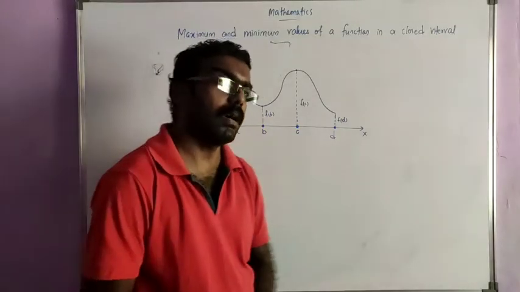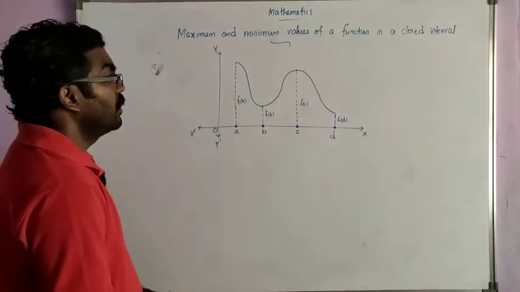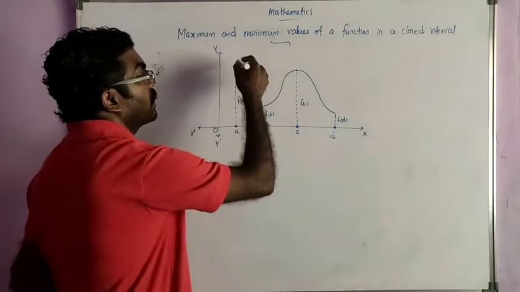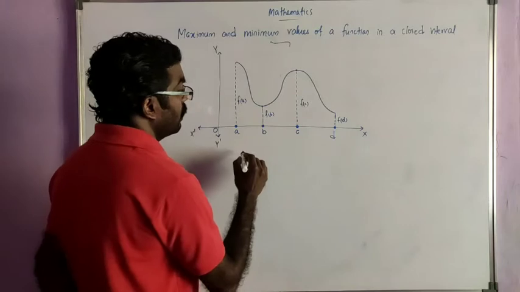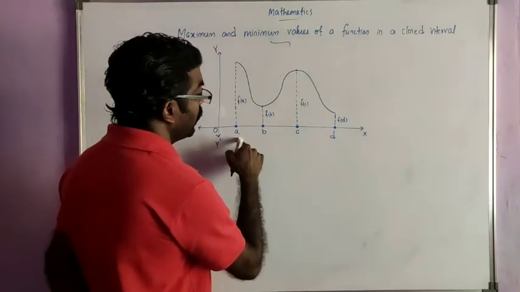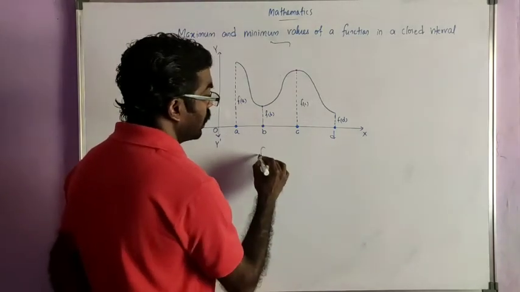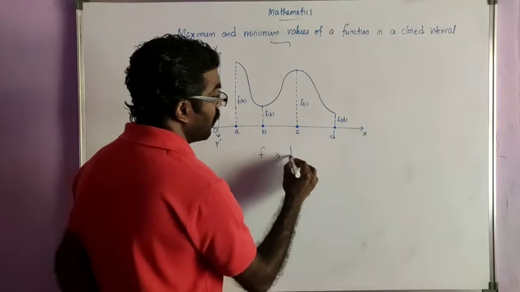Now consider the graph given below. Here the function f is continuous. It is a continuous function defined on the closed interval a, d.